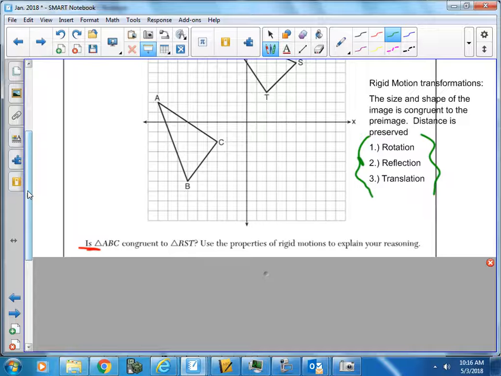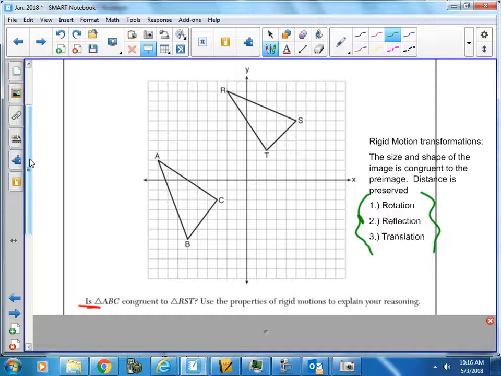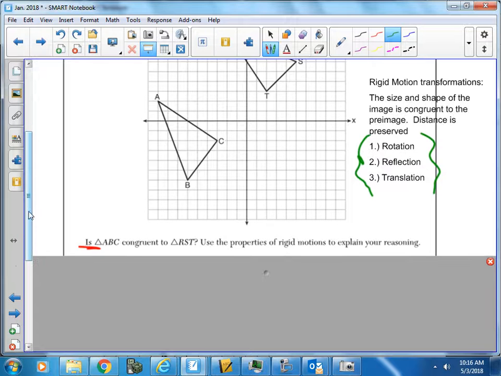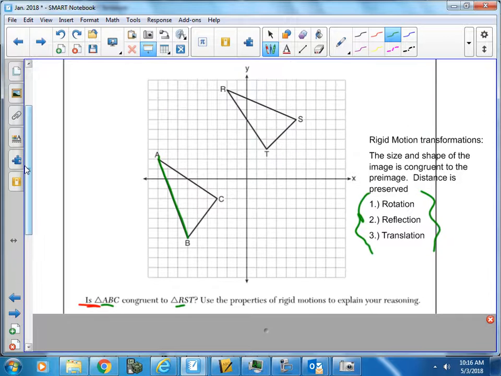All right, now, are they congruent? Well, if they are congruent, all the sides should line up. Not line up, but be congruent. So if I look here, AB should be congruent to RS. So that would be this green one. You can tell by the letters which one should be congruent.